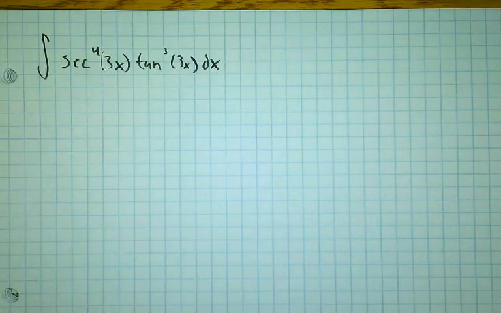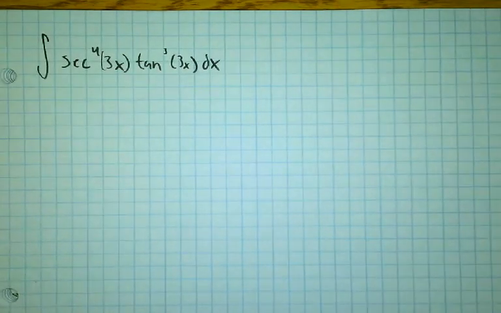Okay, so the rules are a little different this time, right? So go back and read the 5 rules that I provided, and let's see which ones would apply, if any.